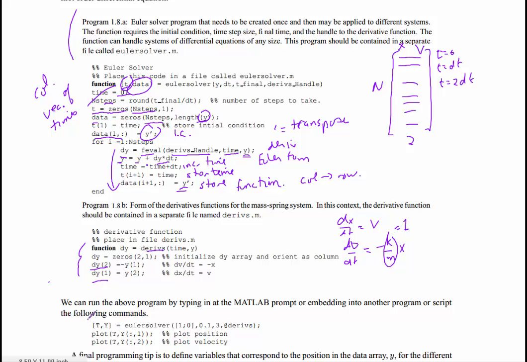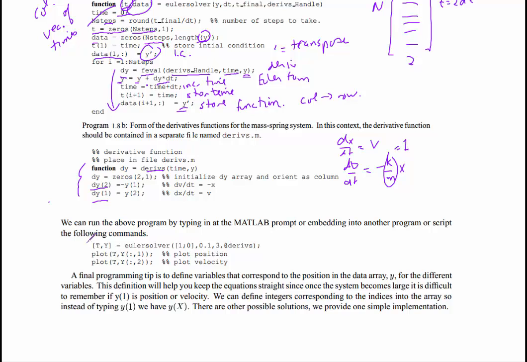Okay. Now here's a sample invocation of the function. This gives you the results. Very simple. Here you have your initial conditions, and here you have your time step, that's dt, and here's your final time, and this is the function that contains the derivatives. Okay.